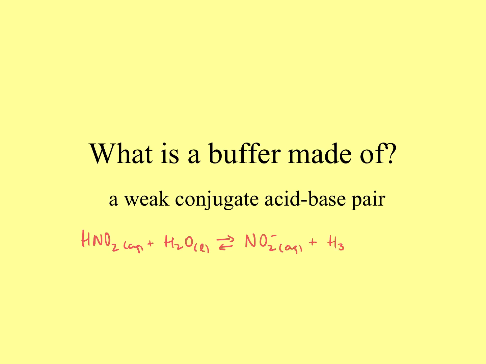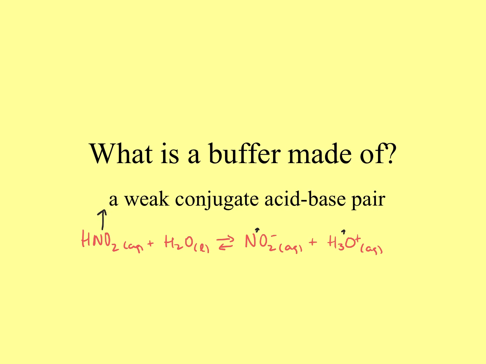A buffer composed of this is going to have lots and lots of HNO2 and NO2 negative. Now keep in mind that a solution of pure HNO2 is going to have lots and lots of HNO2 and only a teeny tiny bit of NO2 negative and H3O positive.